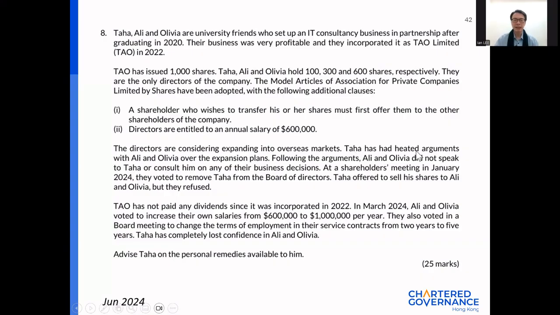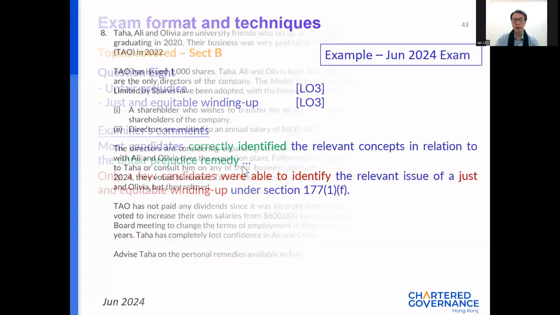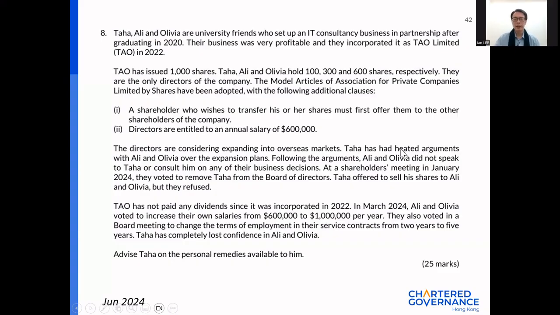Taha has had heated arguments with Ali and Olivia over the expansion plans. Following the arguments, Ali and Olivia did not speak to Taha or consult him on any of their business decisions. At a shareholders meeting in January, they voted to remove Taha from the board of directors, and Taha offered to sell his shares to Ali and Olivia, but they refused. So not a good situation.